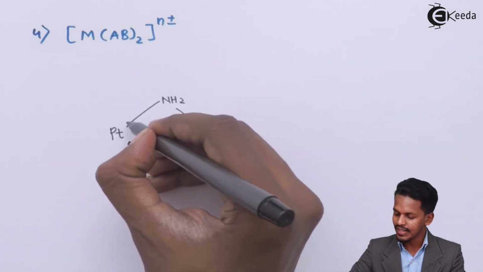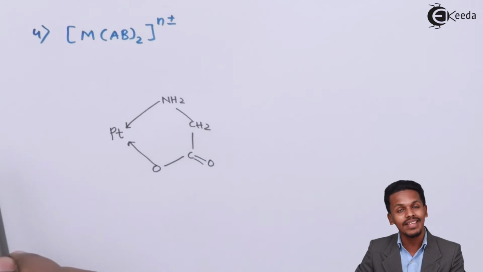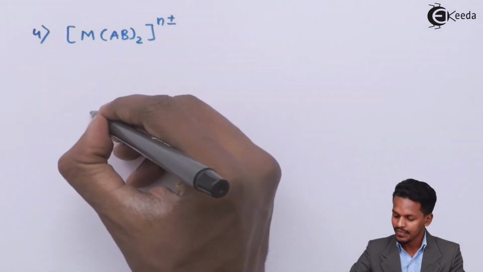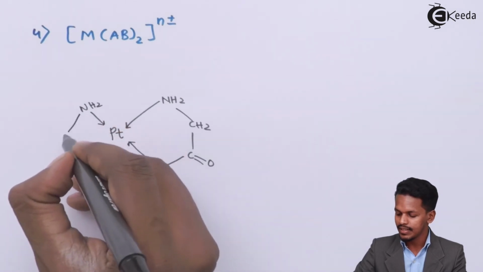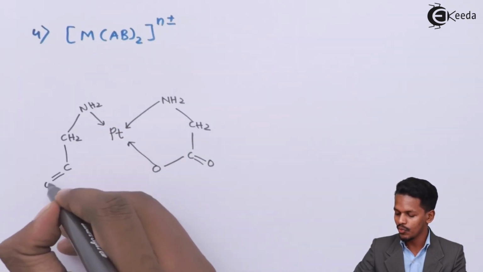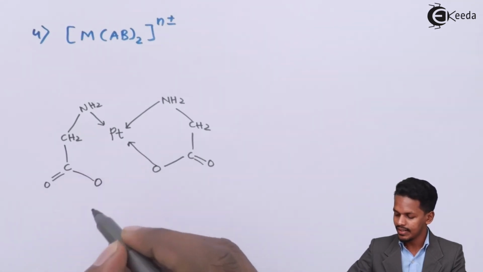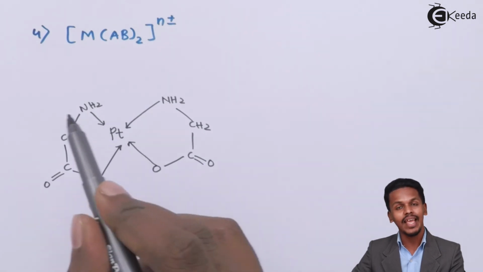So here you can find there is an attachment from this side, and suppose the same group is attached on this side. Here it is NH2, here it is CH2, here it is C double bond O, and this is O which is approaching here. So this is a complex that we have.